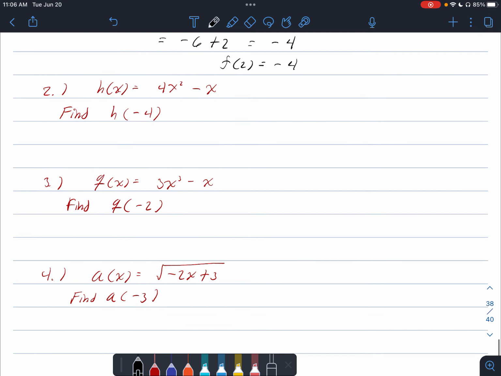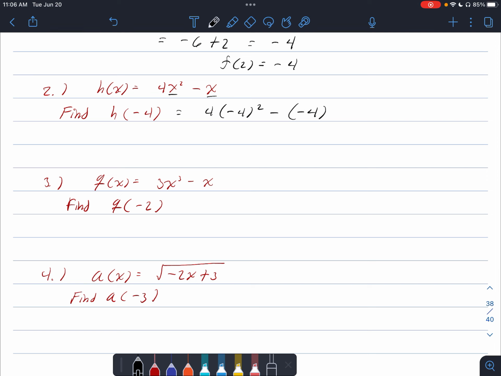Okay, let's look at this one. We have h of x is equal to 4x squared minus x, and we're asked to find h of negative 4. So here we have 4 times negative 4 squared minus negative 4. You notice how we plugged in negative 4 in every instance of x.